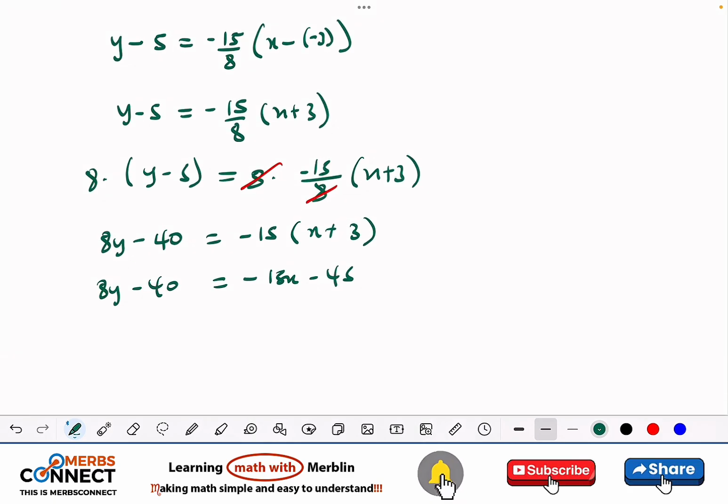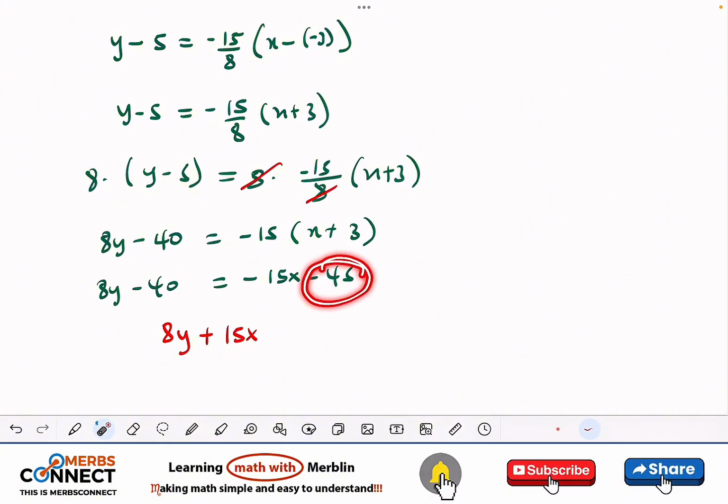Then if you want to form it like the y-intercept solution, I can make one of them the subject, or I can just write this as 8y. Then I can move my negative 15x to the left, so it's going to be plus 15x.